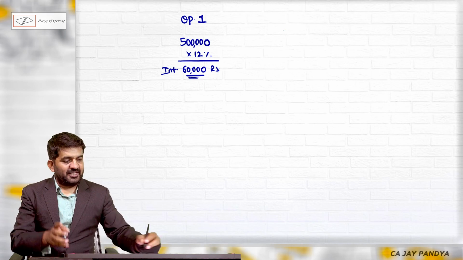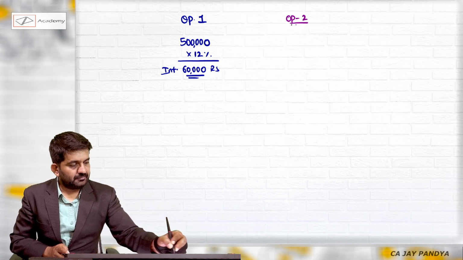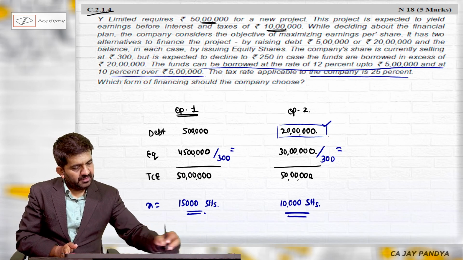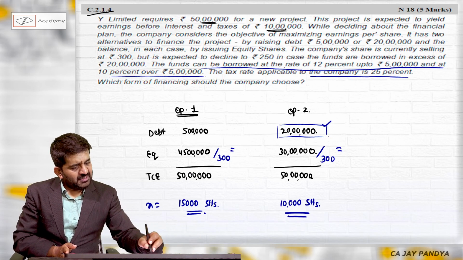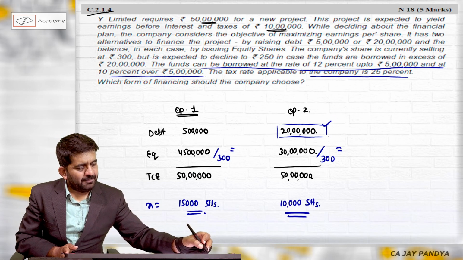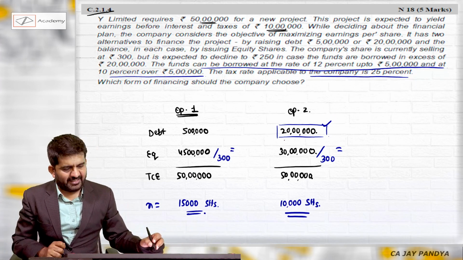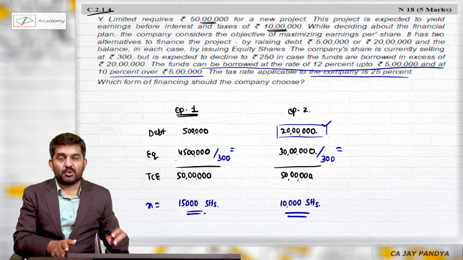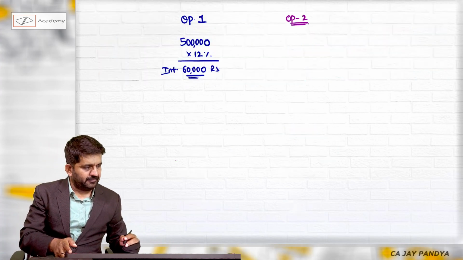Option number 2 is interesting. Concentrate. They say the funds can be borrowed at the rate of 12% up to rupees 5 lakhs and at 10% over 5 lakhs. So I can make two interpretations.